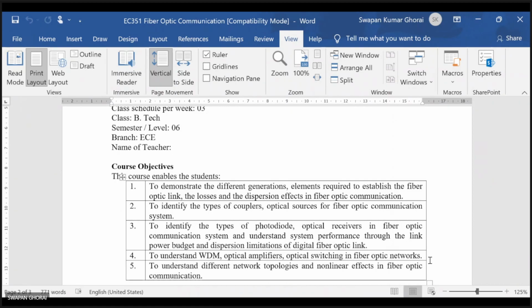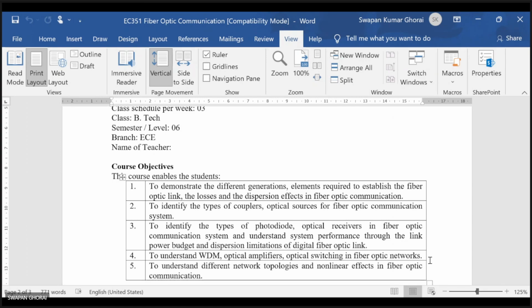So we'll understand the different network topologies and nonlinear effects in fiber communication systems. Nonlinear effects are also important here, because if you increase the data rate, sometimes you have to increase the power.